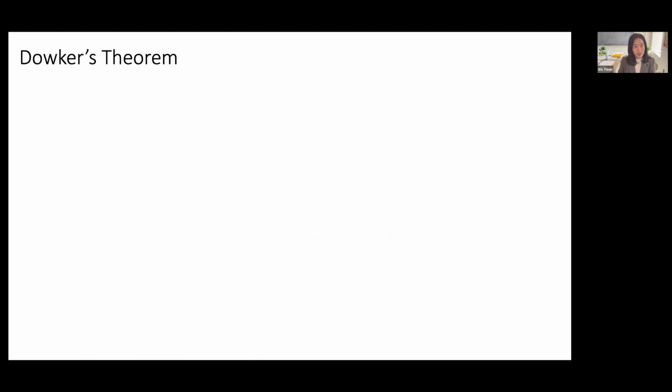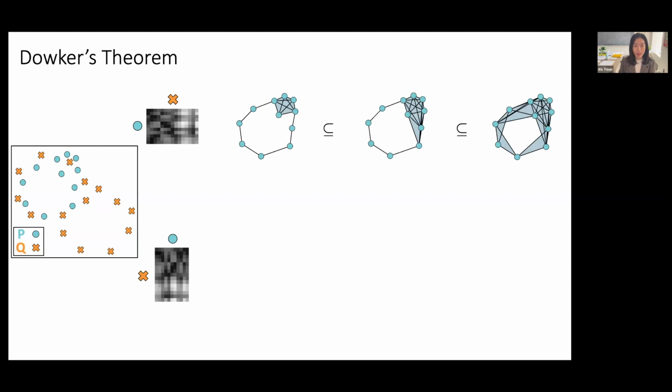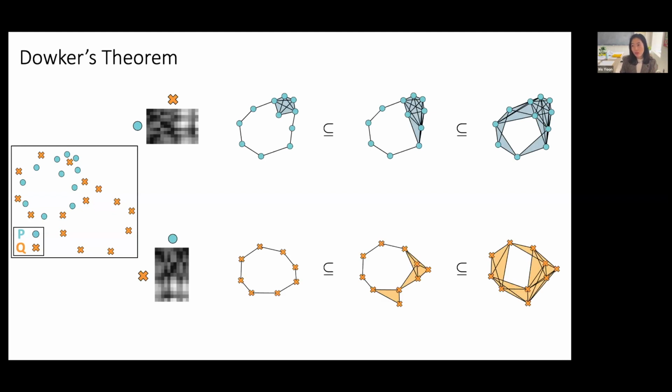So let's say we have our 2 systems or our 2 point clouds, P and Q. You now have to make a choice of whether you want to use the P's as your landmarks or the Q's as your landmarks. Depending on which one you choose, your witness complexes are built on 2 different point clouds.